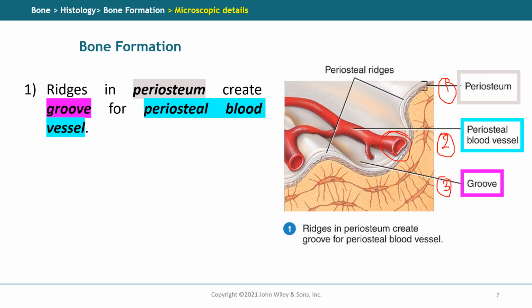So here you have these little mountains that are the periosteal ridges, and those periosteal ridges have to keep going up while you end up forming a groove here that will make a hole for these periosteal vessels to go downwards.